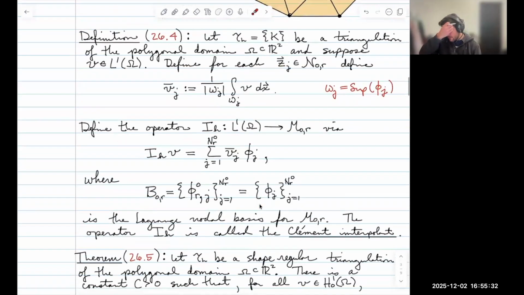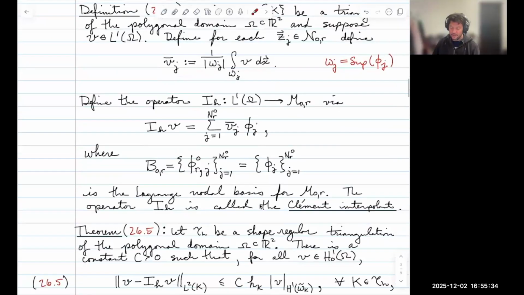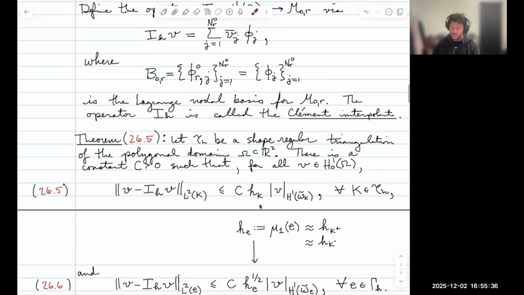This is what you give up when you use this averaging operator, the Clément interpolant: you need to measure the error with this bigger set. Our normal errors that we generated last time with the Lagrange nodal interpolant worked for H2 functions, and we only had the H2 seminorm on the set K. Here we can't do that.